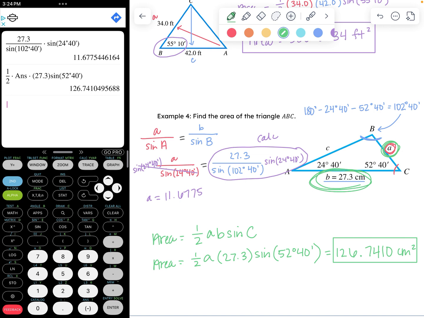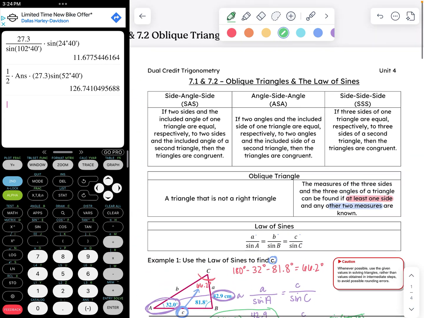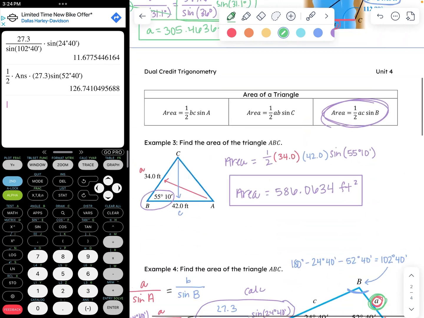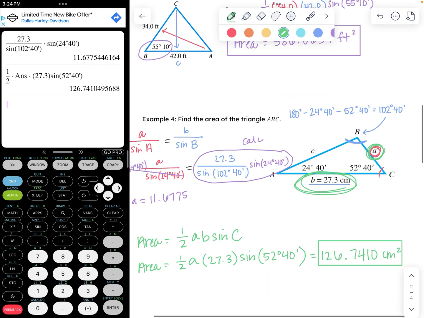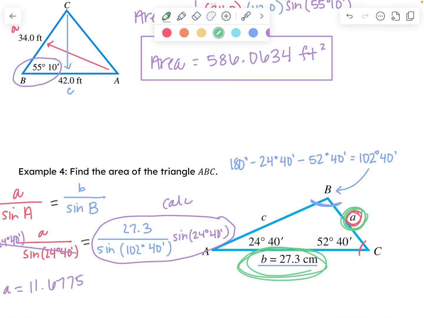Okay. So that's kind of how you can use the law of sines. Now we're going to talk about the kind of weird case, and it's called the ambiguous case. We talked about up here how you can use side, angle, side, angle, and side, side, but there is one specific case that you can't really just straight use the law of sines and solve for.